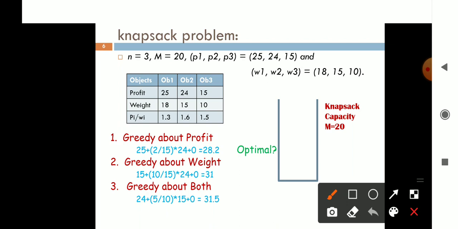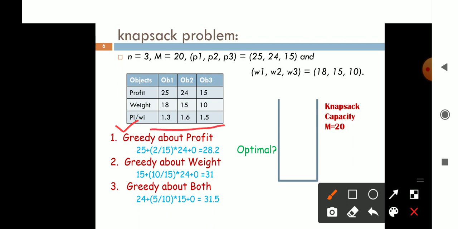Now we have to calculate profit divided by weight, so that we can use it in the greedy method. When we are greedy about profit and weight, at that time we will choose this ratio.